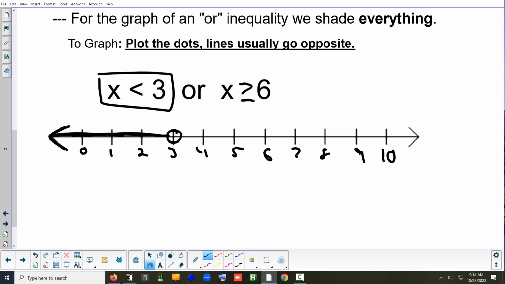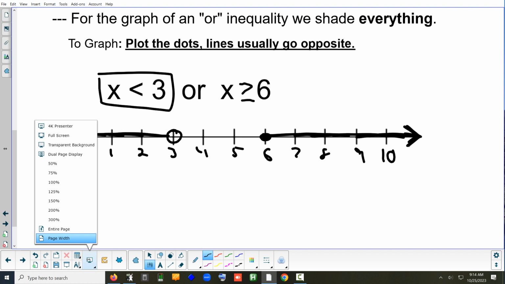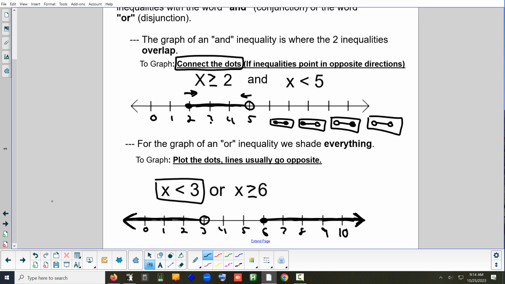X is greater than or equal to 6. What kind of circle? What number? 6. And which way do I shade? Right. Yeah, we're going to shade to the right. So that is what an or looks like. Okay, so or has two arrows going in opposite directions, and is when you shade what's between.